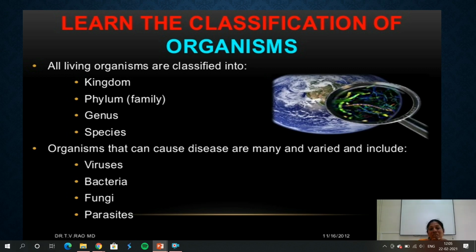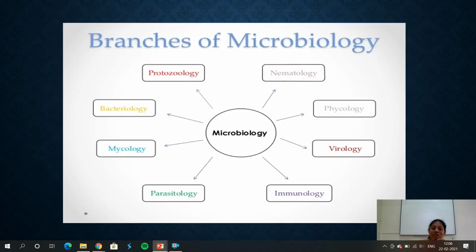Next, moving on to the classification of organisms. All living organisms are classified into kingdom, phylum, genus and species. Organisms that can cause disease are many and varied and include viruses, bacteria, fungi and parasites.